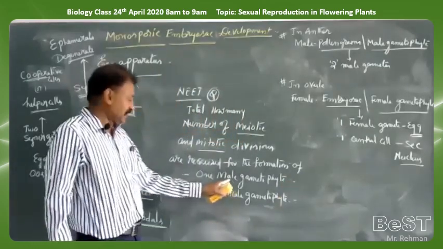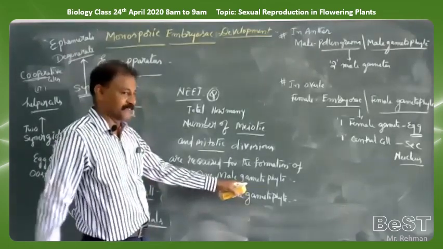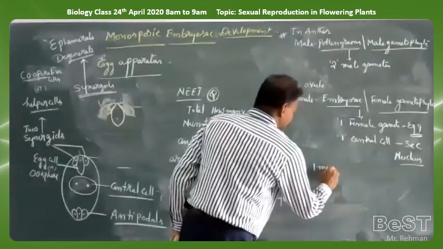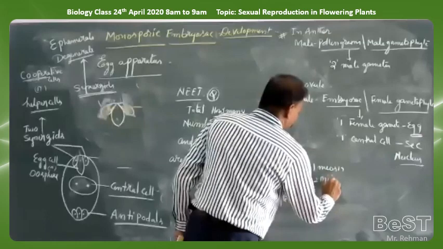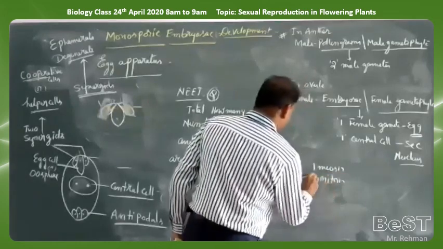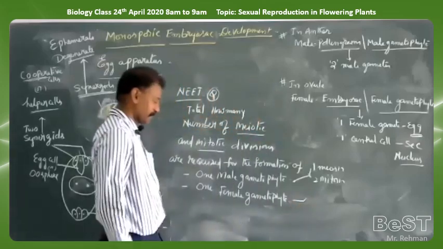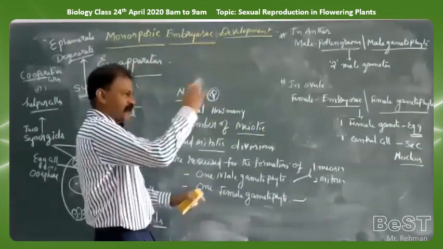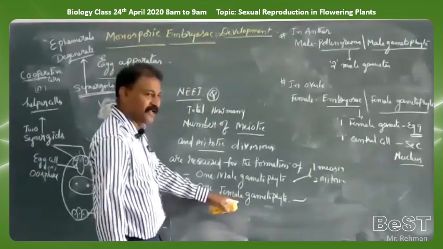Last class we have seen one male gametophyte means one pollen grain with two male gametes. How many meiosis? One meiosis, two mitosis. For one female gametophyte, that is the embryo sac, how many meiosis?